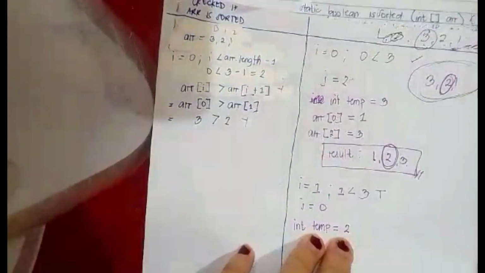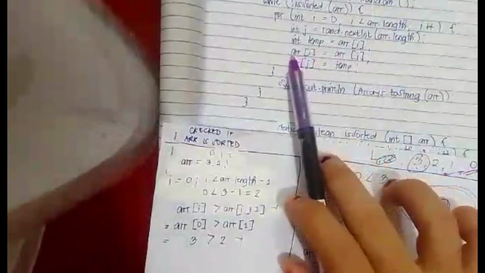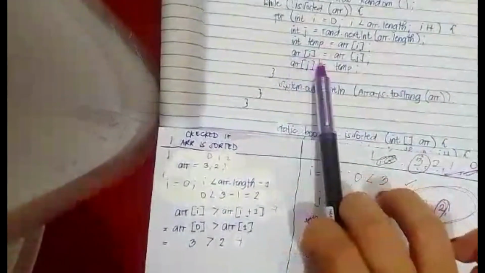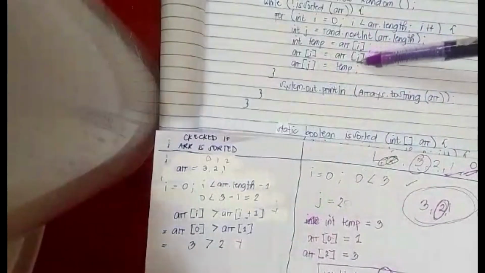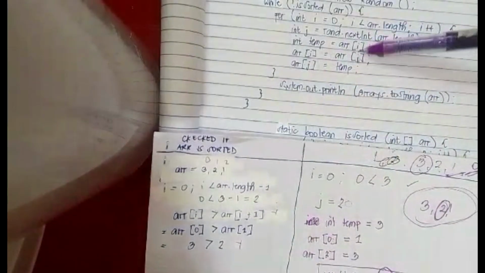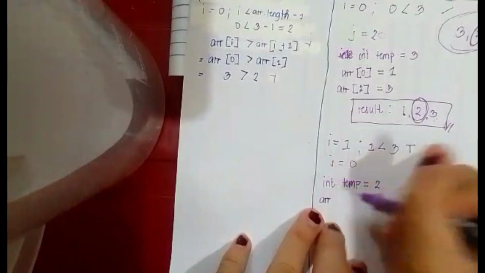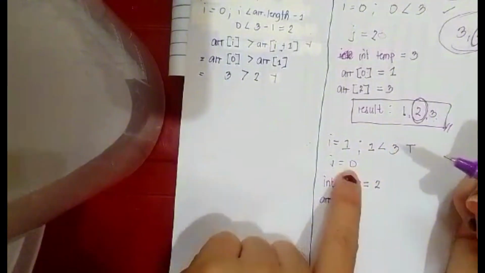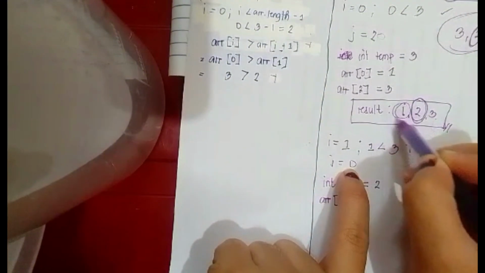Is that clear? Then we proceed to array I, and change the value of array I. So the value of array I is whatever value is at the index chosen by J. So 0 was chosen as the index, so 1 for 0, 1.